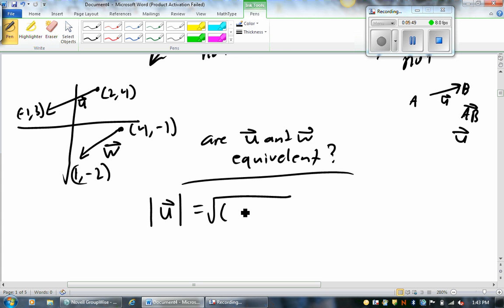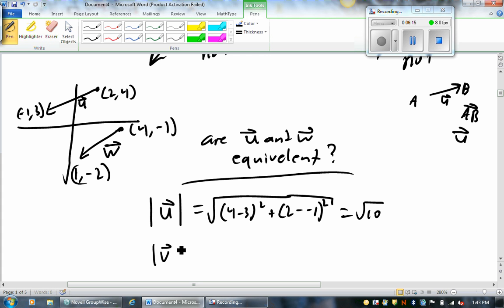So we're going to have the change in y of vector u is 4 minus 3 squared, plus our change in x is 2 minus negative 1 squared, and we get that the length of vector u is radical 10.